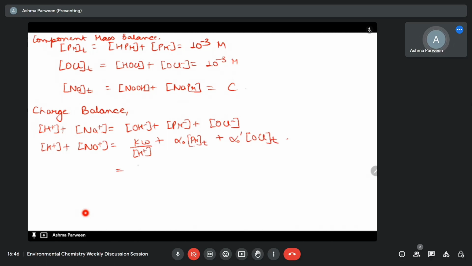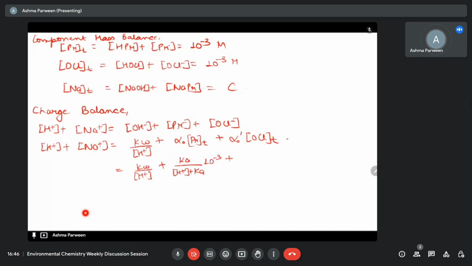So here we can write Kw upon H plus. Alpha naught is equal to Ka upon H plus plus Ka, and Pr total is 10 raised to power minus 3, plus alpha naught dash.